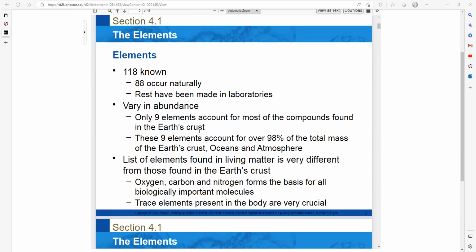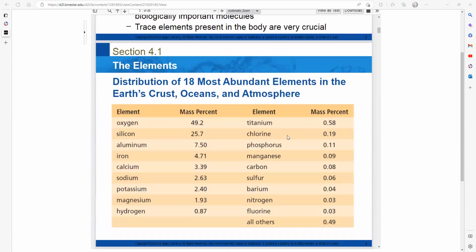The abundance changes a lot from one to another. I can tell you that 9 of these elements made 98% of the total mass of the Earth. These elements are oxygen, silicon, aluminum, iron, calcium, sodium, potassium, magnesium, and hydrogen.